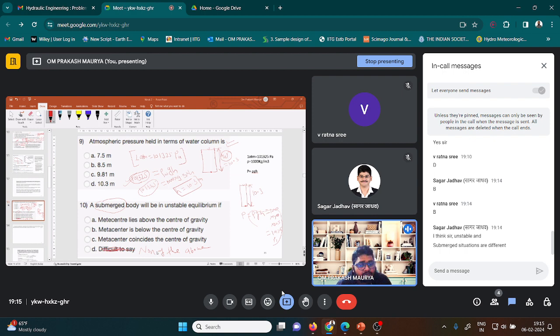Okay, in case of a submerged body, your body will be unstable, stable, or neutrally stable.